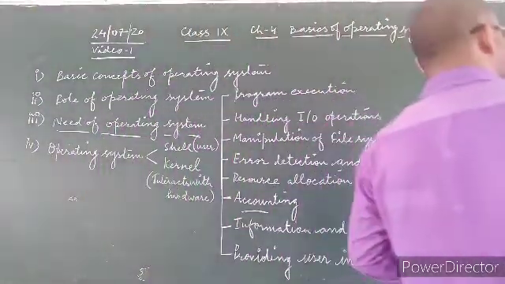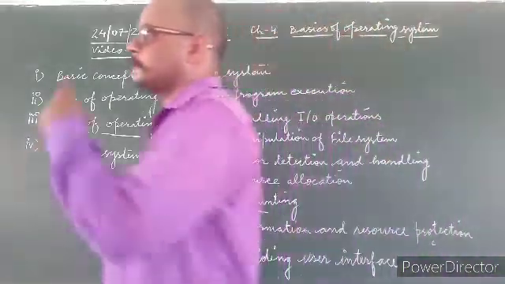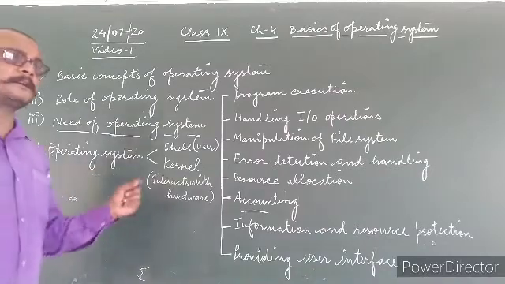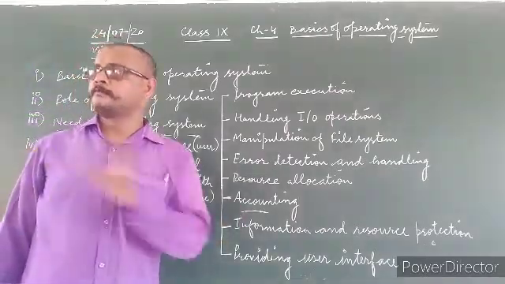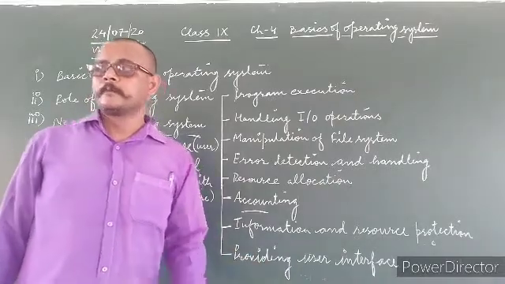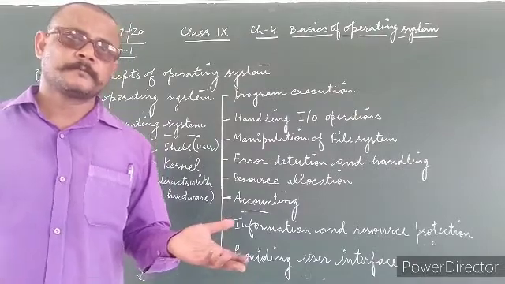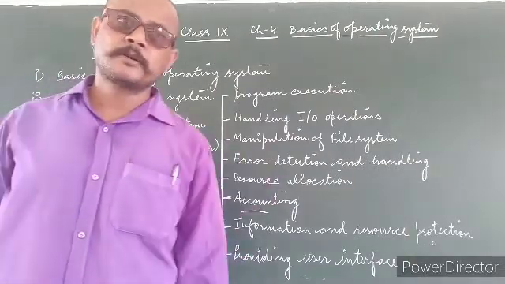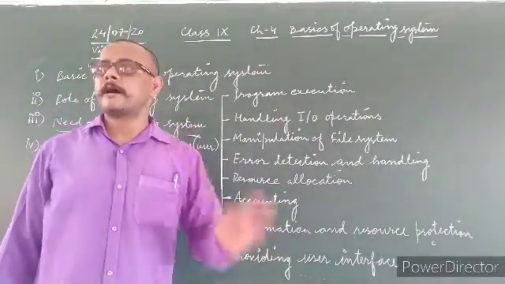As I told you earlier, the operating system acts as an interface, or as a bridge, between the user and the computer. Whatever the user tells the computer is handled by the operating system. The operating system tells the computer components to perform that function, and then gives the output.